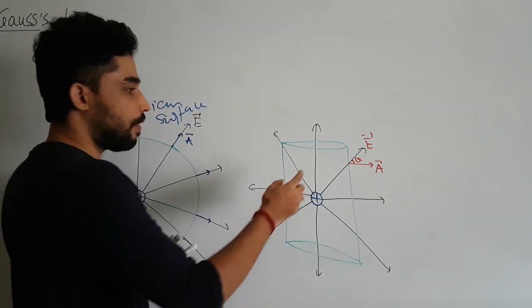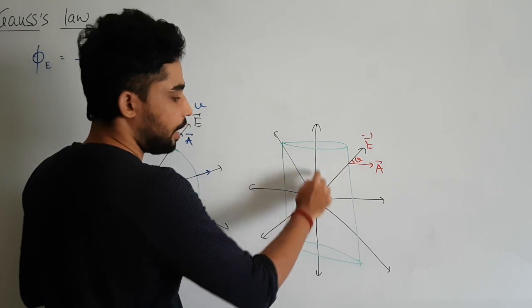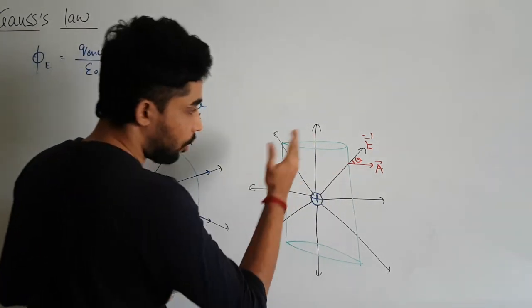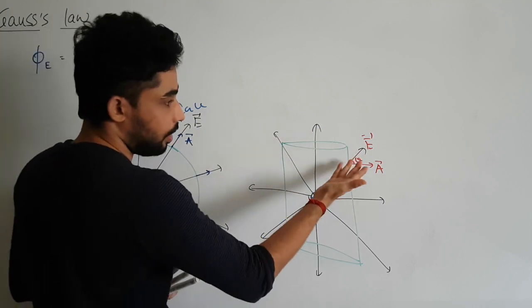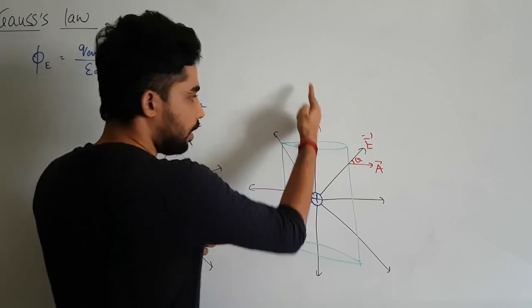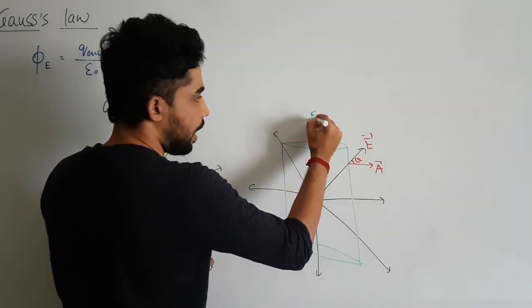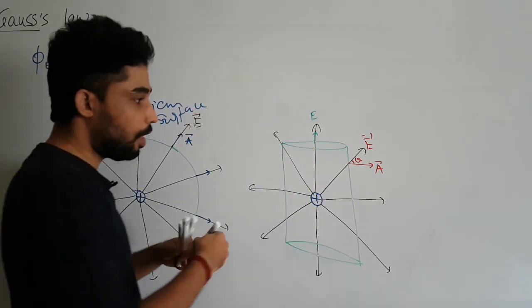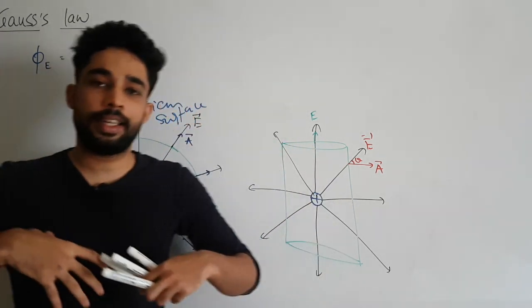And also the value of the electric field will be different at different points because they are at different distances from the charge. And also because of this issue, here it is making an angle of theta, but in this case, as you can see, the electric field is in this direction and the area vector for this surface will be like this, so the angle will be 0. So some will be making a 0 degree angle, some will be making different angles.